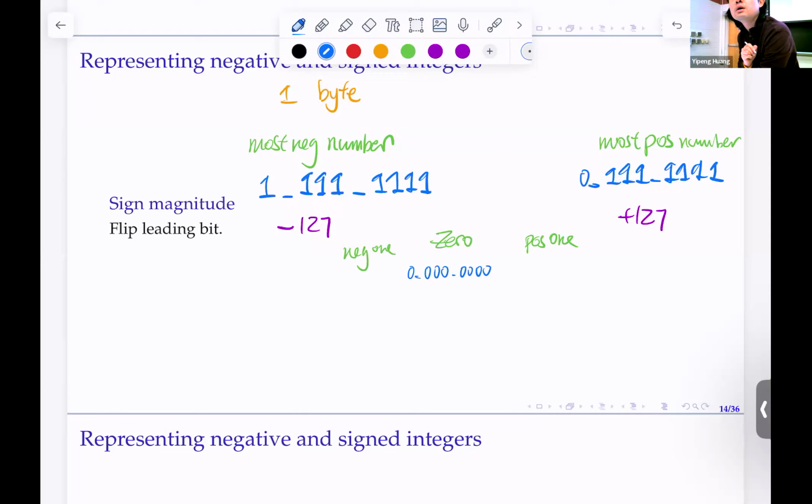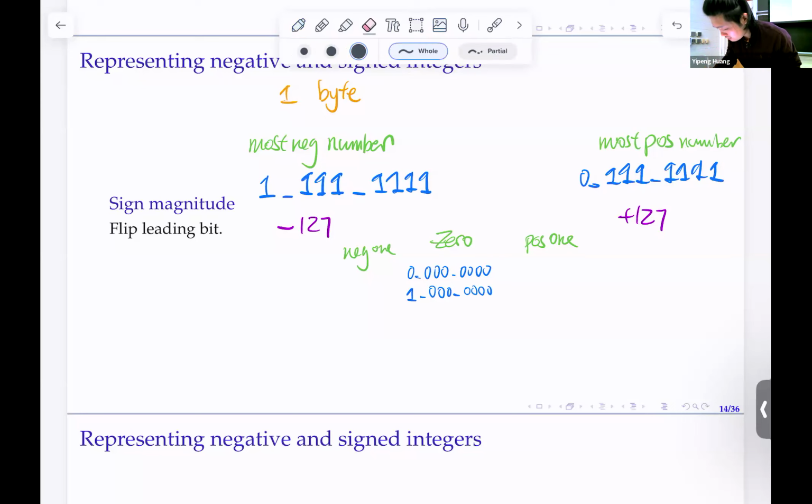That definitely represents 0. What other thing will evaluate to be 0? Would 1, 0, 0, 0, 0, 0, 0, 0? You could argue that this is also the same value. It's got a negative sign, but the magnitude is 0, so it's also a 0. So we've got some redundancy. I've got 2 ways to write down the numerical value of 0.